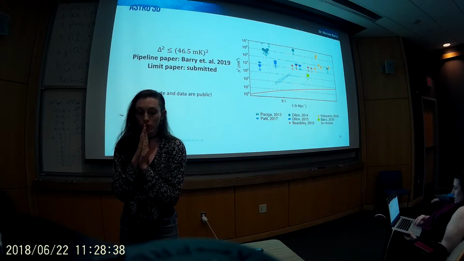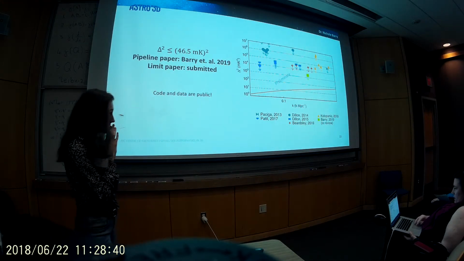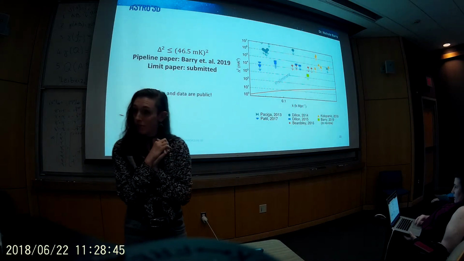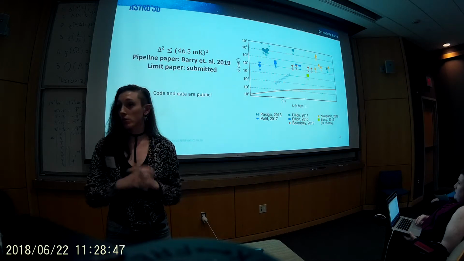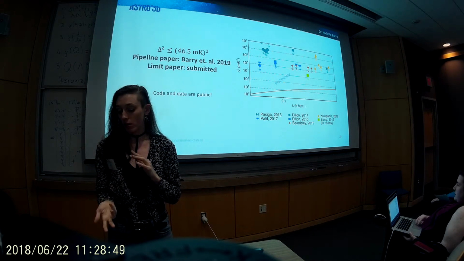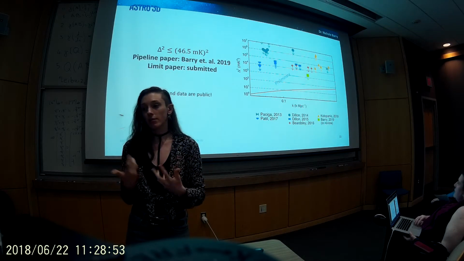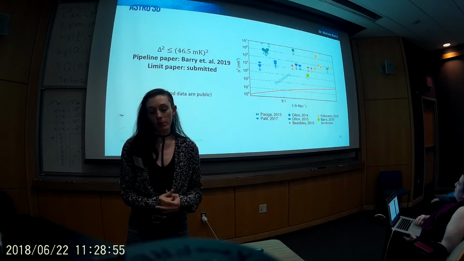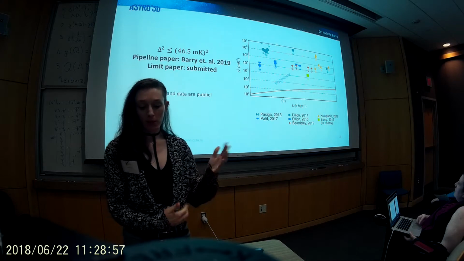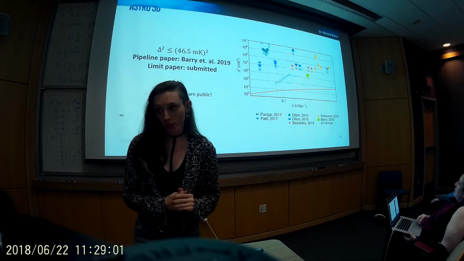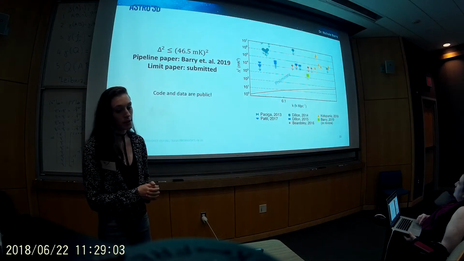And now, since we've corrected for that, this limit, this 46.5 millikelvin squared, it's now in the 60s. So that might change going forward, and in the actual paper, it might change what the limits are. This is something that the EoR community needs to talk about before we really go forward with this, but I do want to point that out as well before continuing. Yeah, so we'll talk about that later.